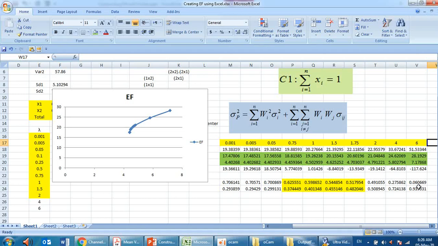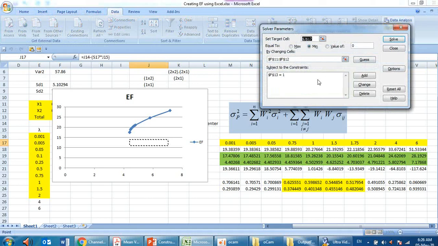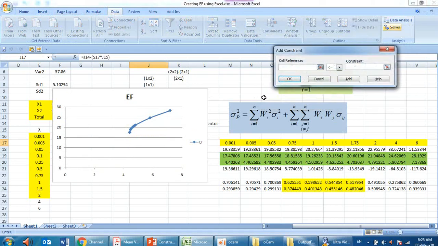So you don't have to get confused. Otherwise, you can put the condition that short sales are not allowed. In order to do that, we put a condition over here. We add a constraint.